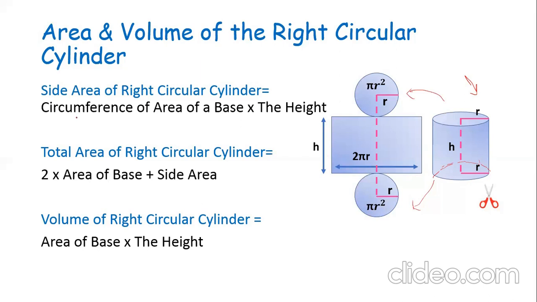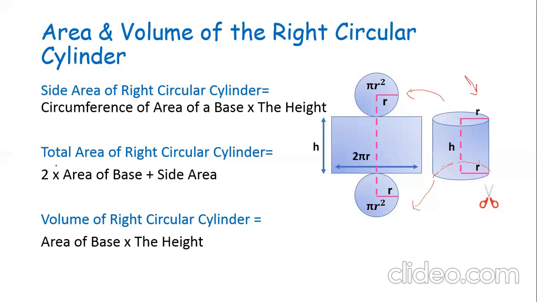So the side area of the right circular cylinder then is the same as the area of this rectangle we see here. And this is, as we see, equal to the circumference of one of the bases multiplied by the height of the cylinder.